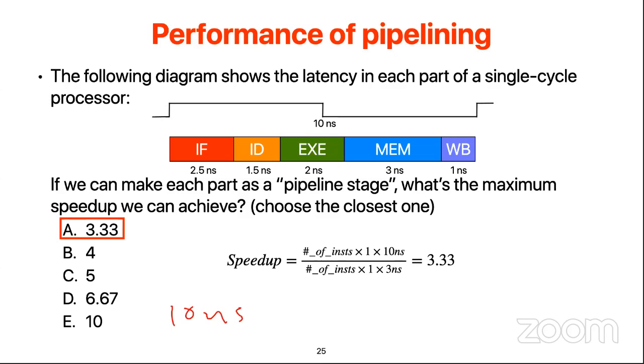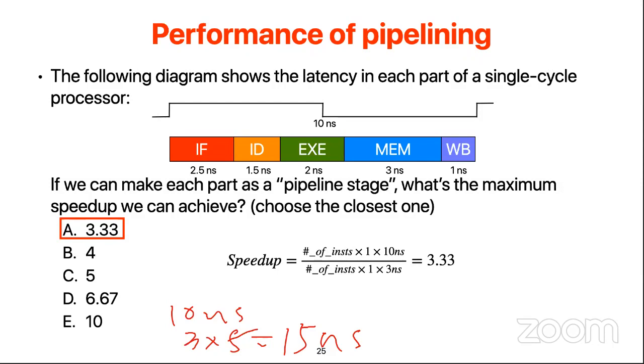Oh, slightly more. Slightly? Well, I guess if we made each stage 3 nanoseconds, then it would be like 15 nanoseconds. Right, so it's actually 1.5 times more. Okay. Right, that's the latency.